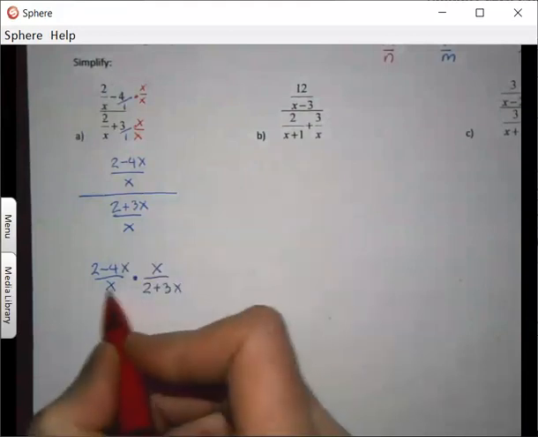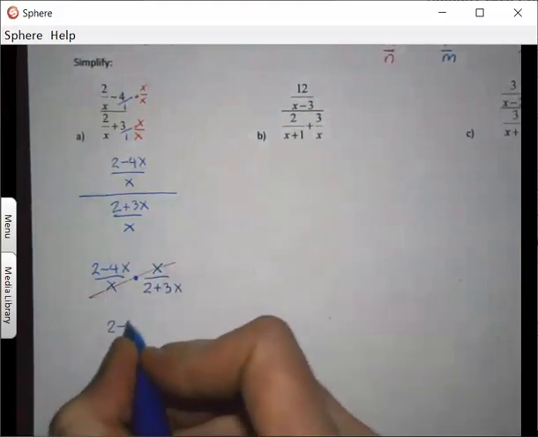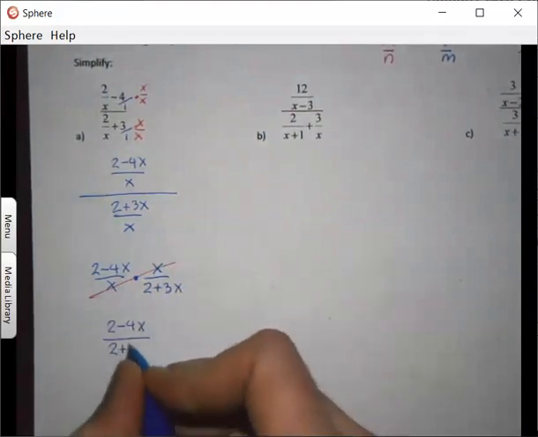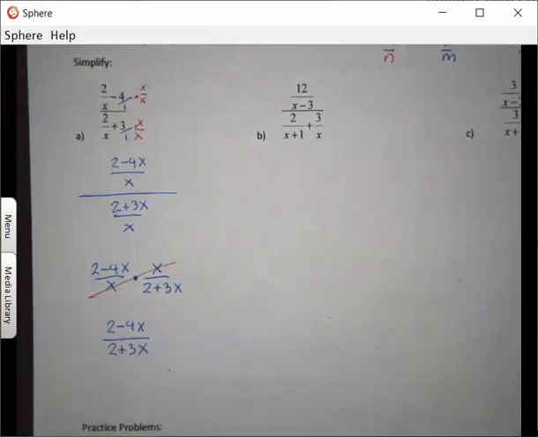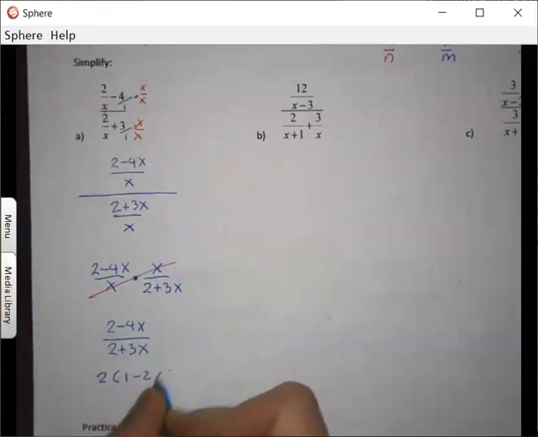We can cancel the x's, and we're left with 2 minus 4x over 2 plus 3x. Now we can factor the top a little bit, but it's not going to let us cancel anything.